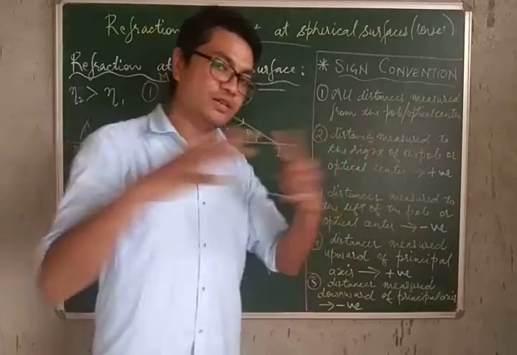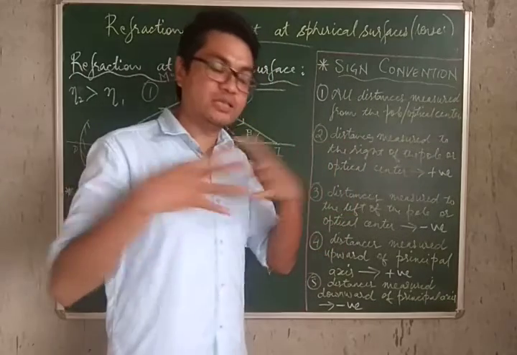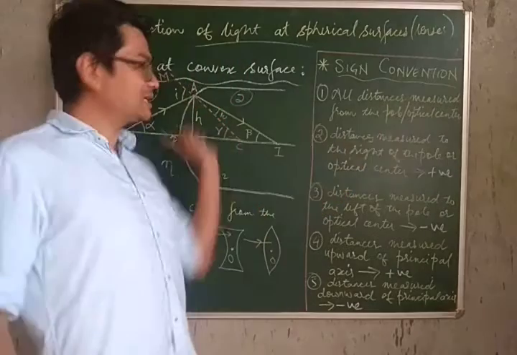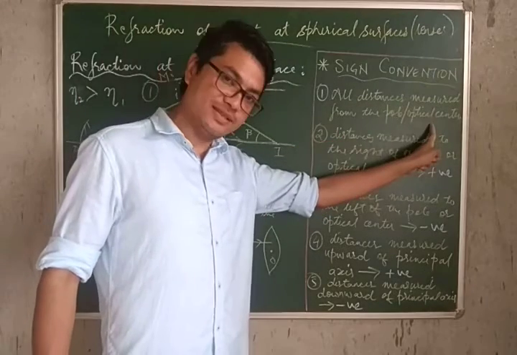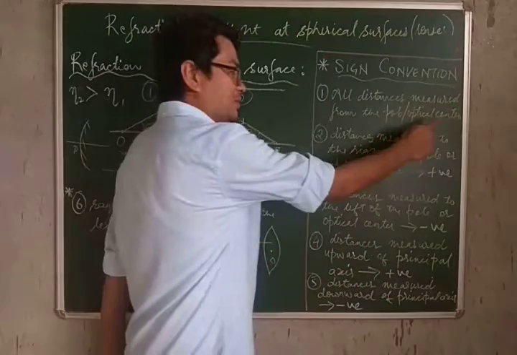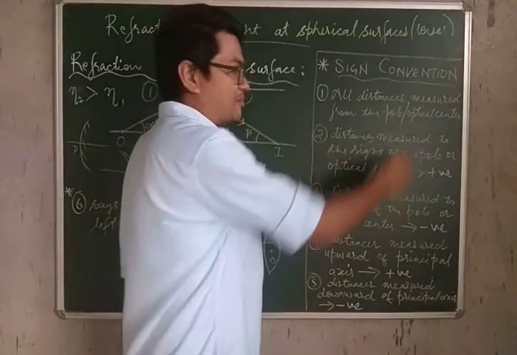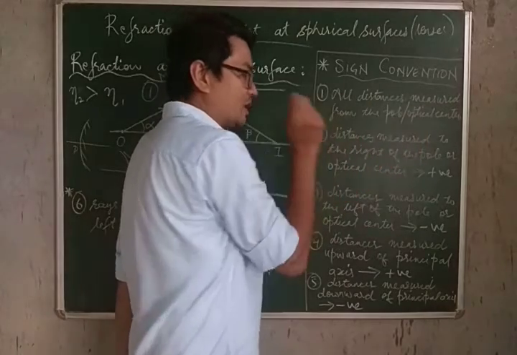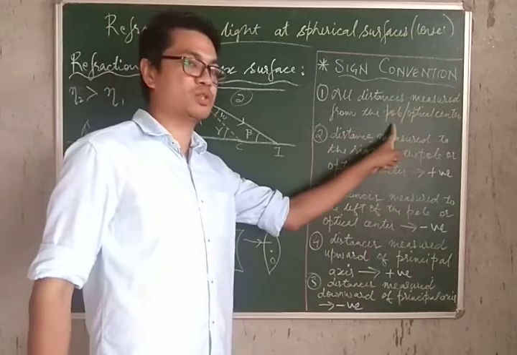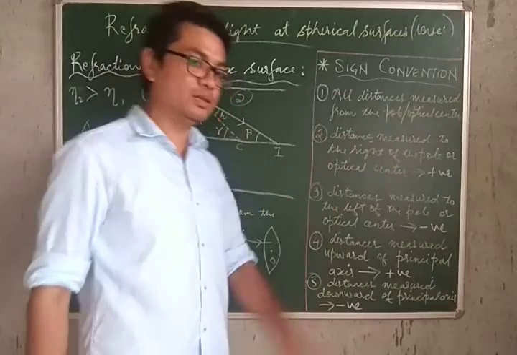So I'm giving you a combined sign convention over here for mirrors or spherical surfaces and also for lenses, because it's one and the same thing. If we are talking about lenses, all distances are measured from the optical center. If we are talking about spherical mirrors or spherical surfaces like this, all distances are measured from the pole of the spherical surface.